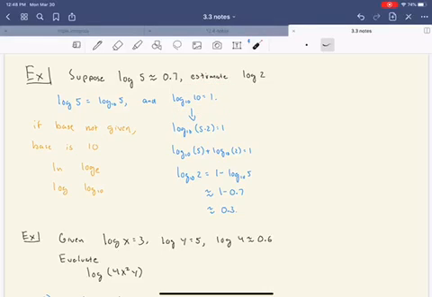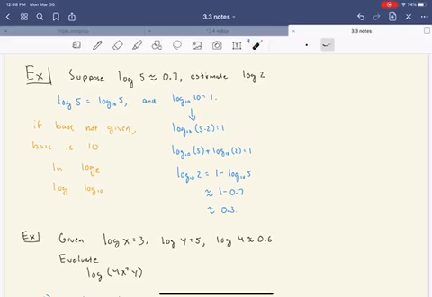If you think about it, if you put a little 1 there, log base 10 of 10 to the 1 has to equal 1. So, noting that 10 equals 5 times 2, we're going to write log base 10 of 5 times 2 equals 1.